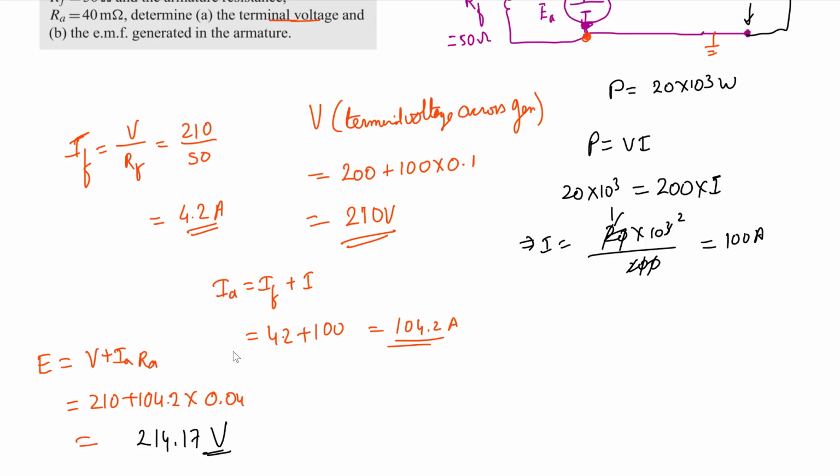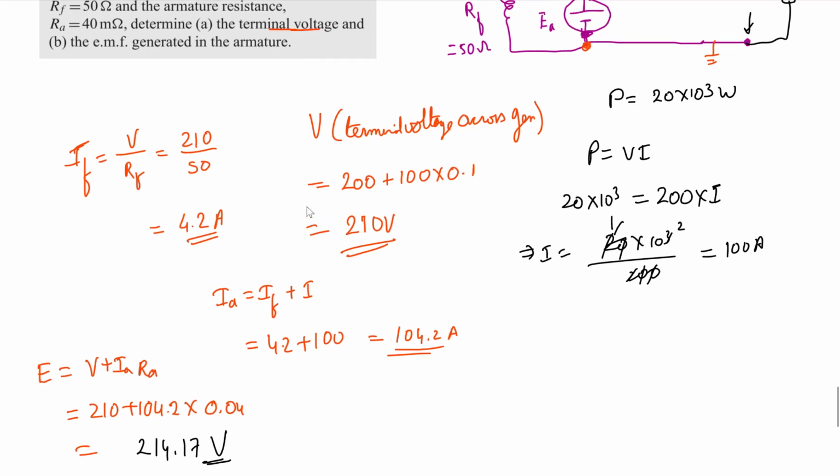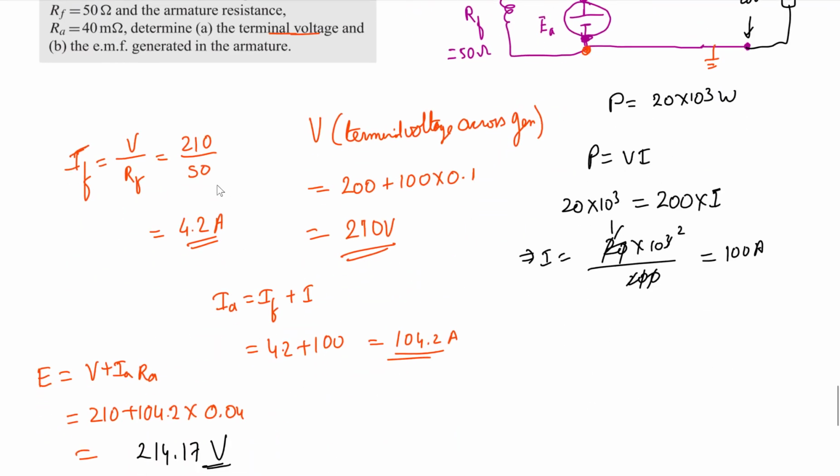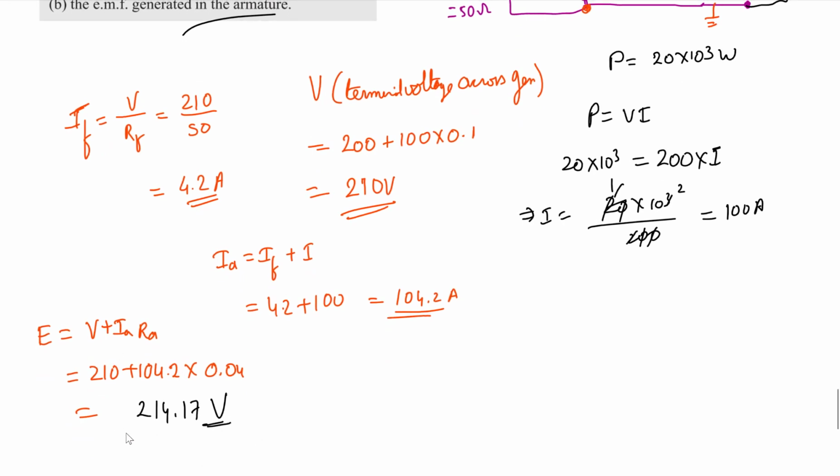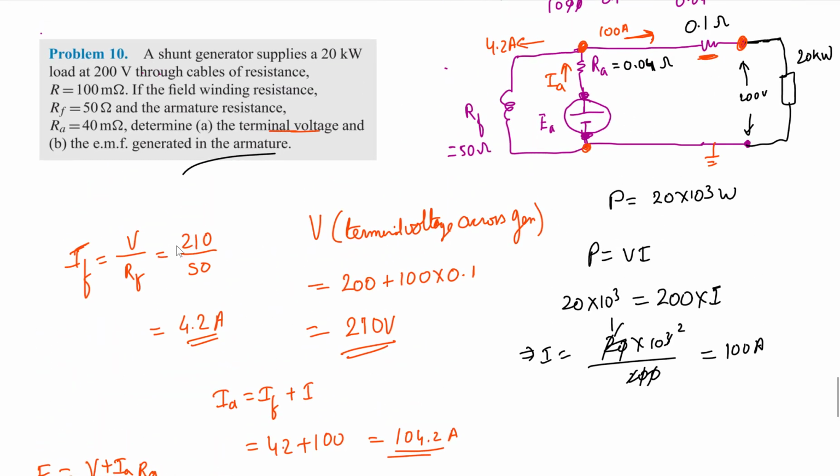So this is the generated EMF by the generator, the EMF generated by the armature. Okay, so we got this answer, and we have finished solving this question.